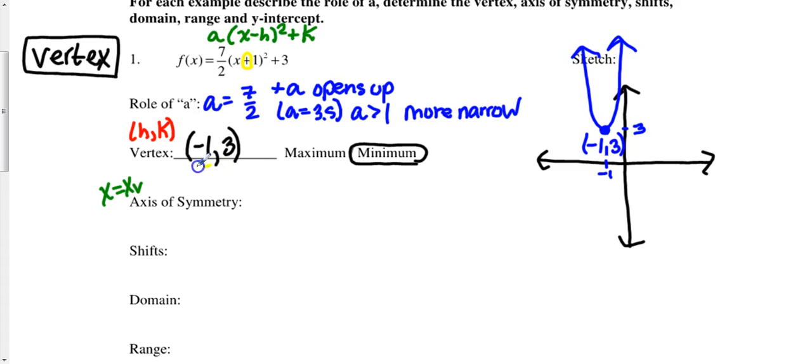The more we write it, the more our brains will hold on to it. So I look at the x value of the vertex right here and I see that it's negative 1. So right away I know my axis of symmetry will be x equals negative 1. And again, that's going to be that invisible line, that's why it's dotted, that cuts the parabola directly in half.